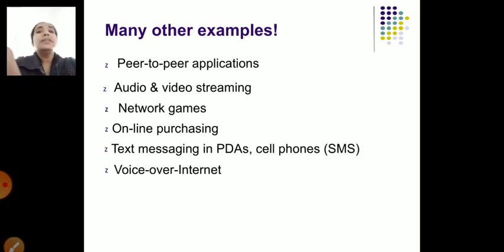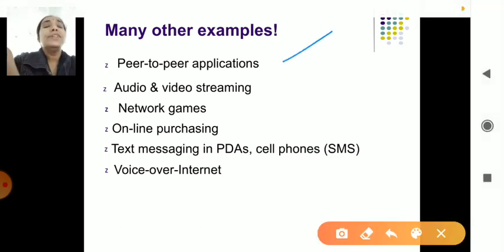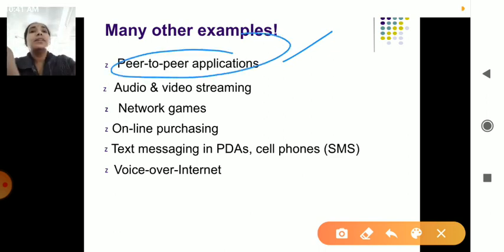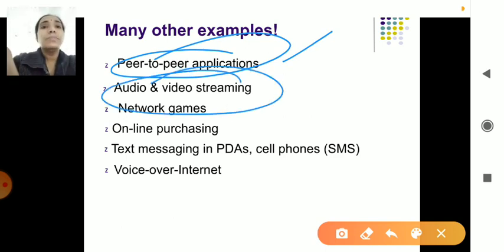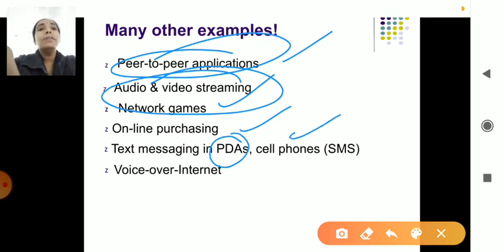Then other applications you can see here, peer-to-peer, for example when you are using satellites. When you are involved in robotics, or in space research, you will have this peer-to-peer application. Other applications of your communication network: it is helpful in audio and video streaming, in playing games, in online purchasing, in sending text messages over cell phones or through PDAs, and voice over the internet.